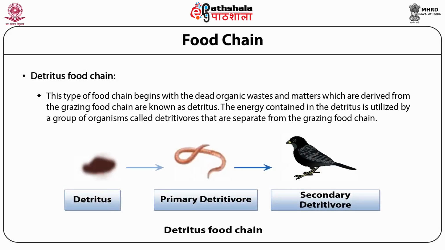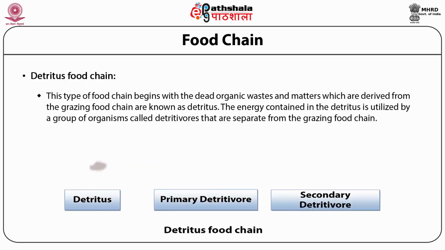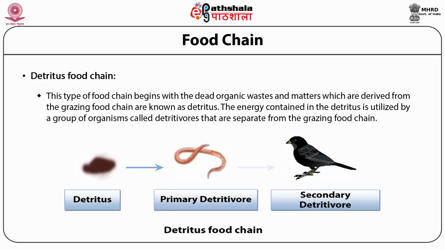This chain is not directly dependent on solar radiant energy. The detritus food chain characterizes an extremely important component of energy flow in the ecosystem.